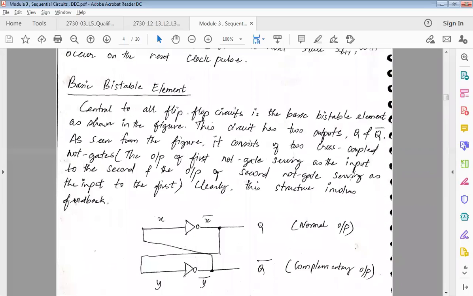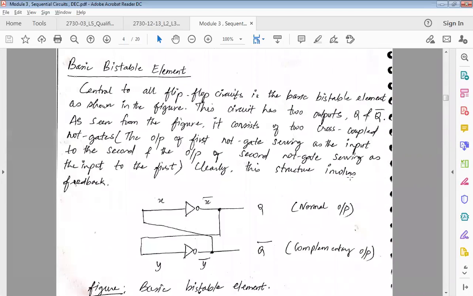So we saw this. The next topic that we have is the basic bistable element. What is bi? Bi means two, just like how we have binary, meaning 0 and 1. So the stable states are two, and I call it a bistable element. This is a basic element which makes use of an inverter.